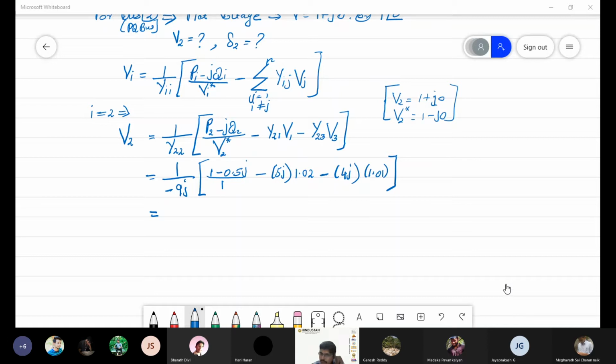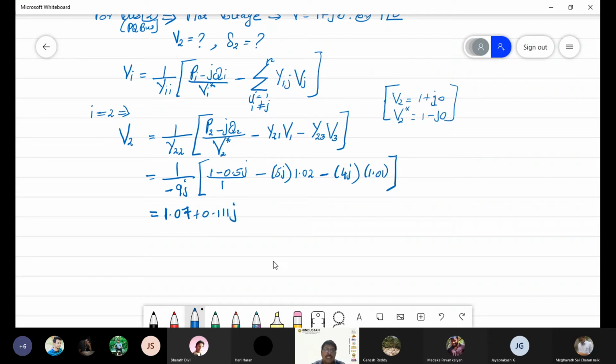So if you are substituting the values, you will get the result like 1.07 plus 0.111j.